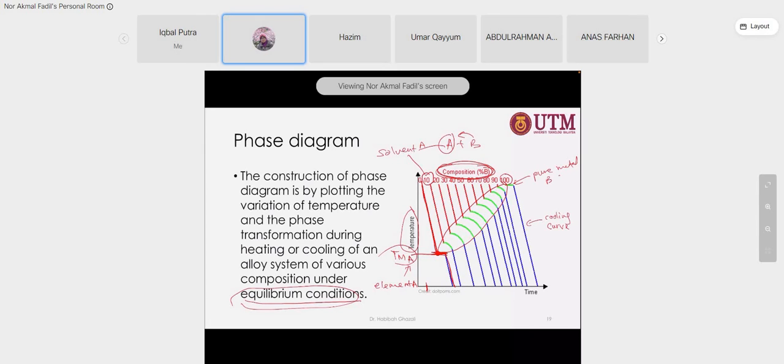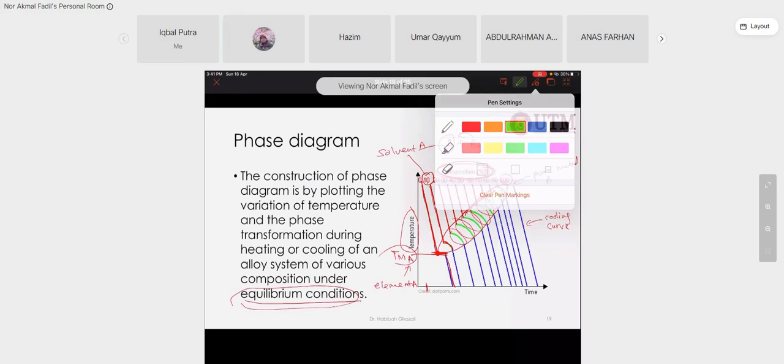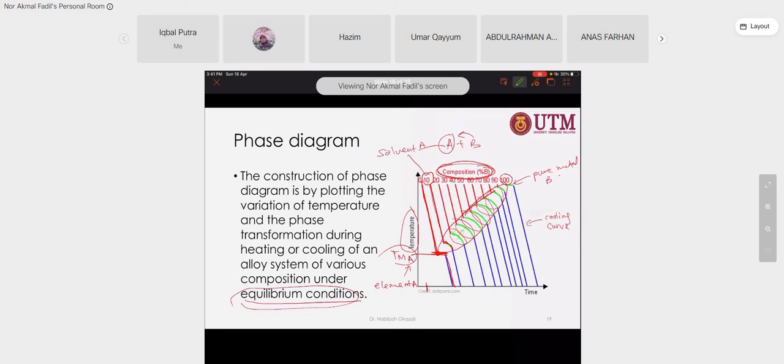So for the first test with 10% element B, they obtain this gradient temperature during the transition between solid and liquid. What happens at this green line is a mixture of solid and liquid. Inside here there's solid plus liquid.